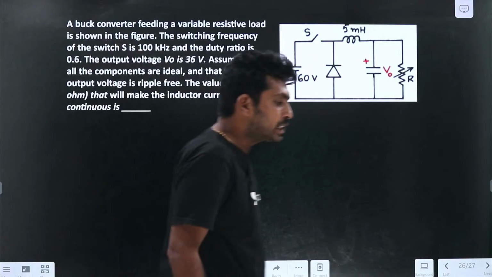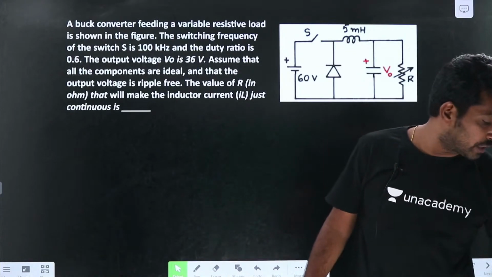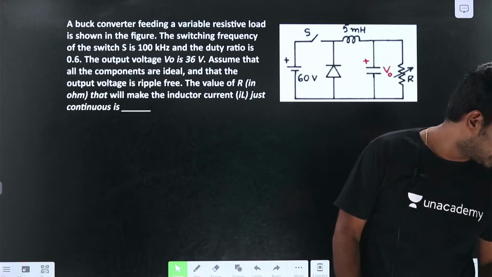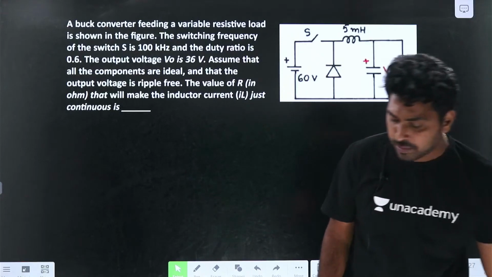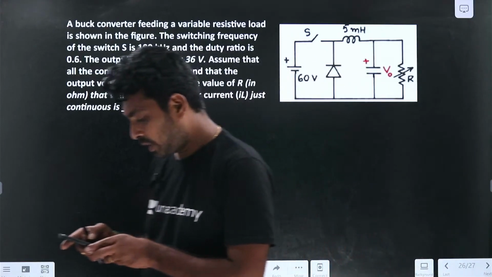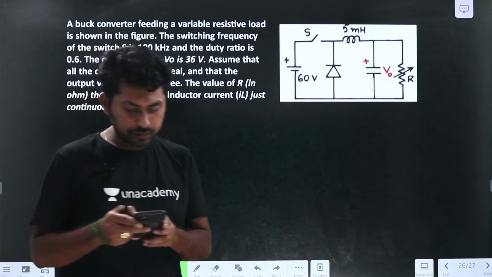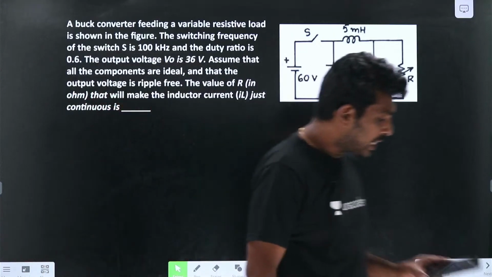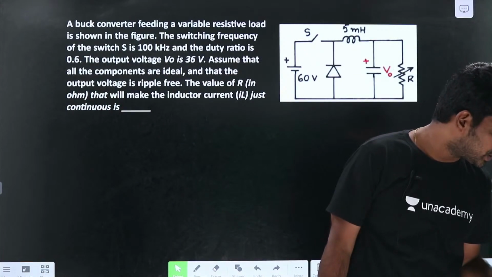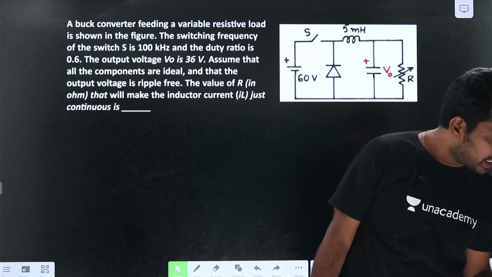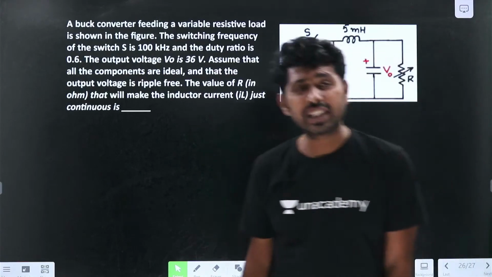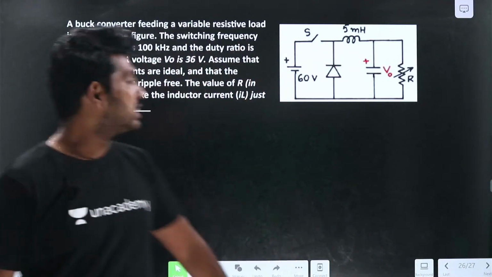Try to find the answer for this, which is a very easy question. Saloni, 40 amperes is the right answer. Suraj, right. Harish, 40 is the right answer, right. This is also a very easy question, guys.